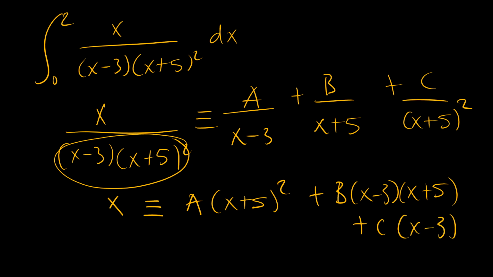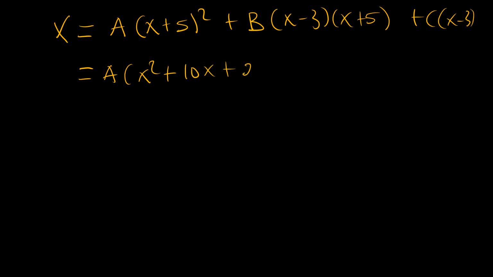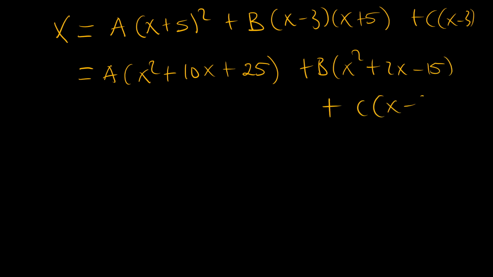So we've said that our x is the same as a(x plus 5) squared plus b(x minus 3)(x plus 5) plus c(x minus 3). So let's expand this out so that we have a times x squared plus 10x plus 25. For b, we have x squared plus 2x minus 15, plus c(x minus 3).